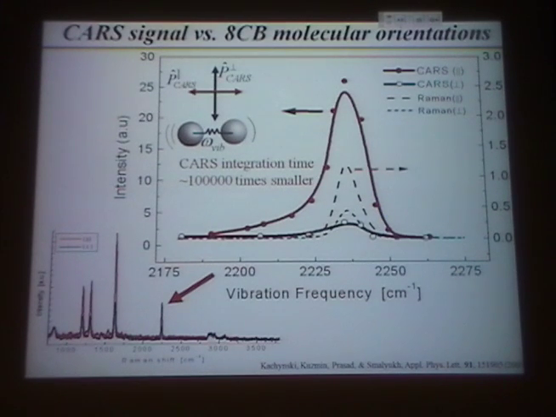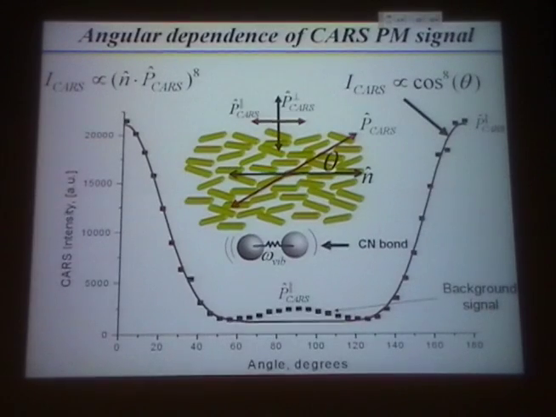On top of that, this process is also much more orientation sensitive, because you can see that now the dependence on orientation of excitation laser light is much stronger, and both of those features are very helpful in terms of three-dimensional optical imaging. We can measure the orientational dependence of the CARS signal as a function of the angle between the director and the polarization of excitation femtosecond or picosecond laser light, and you can see that it's a very strong dependence.